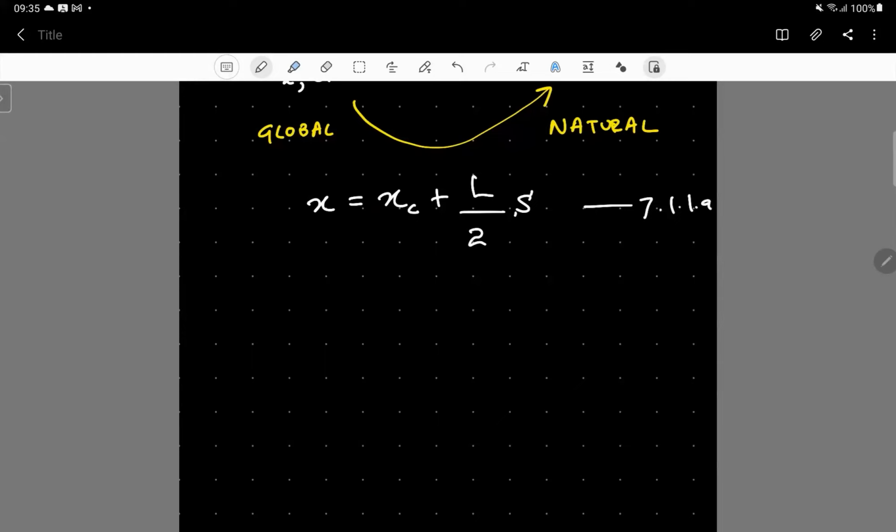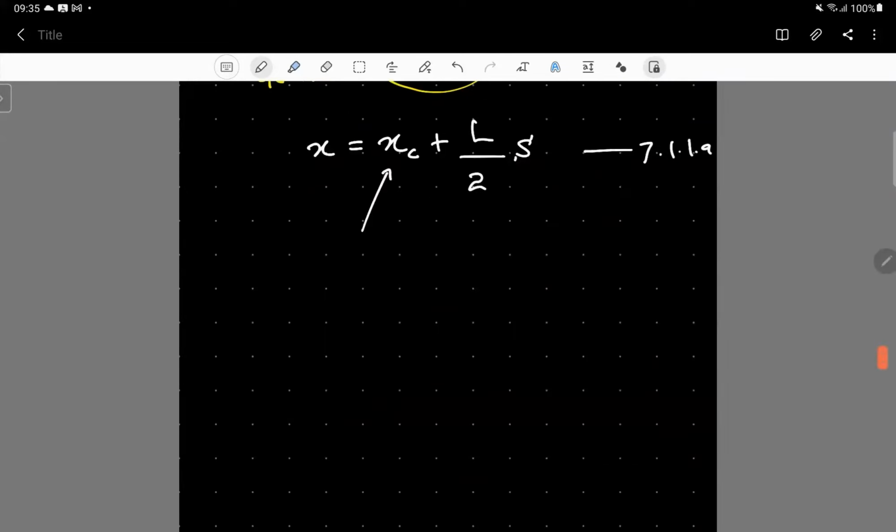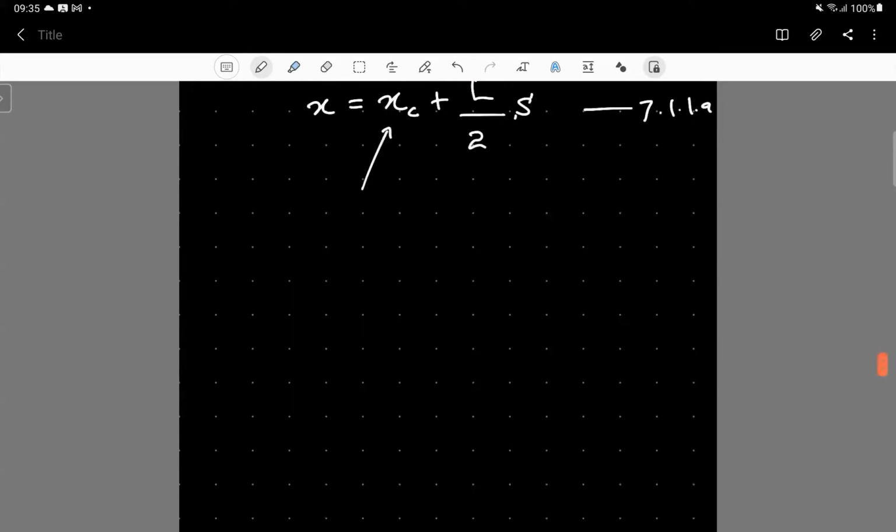So xc is, of course, the global coordinate of the element centroid, based on the global coordinates, let's say x1 and x2.